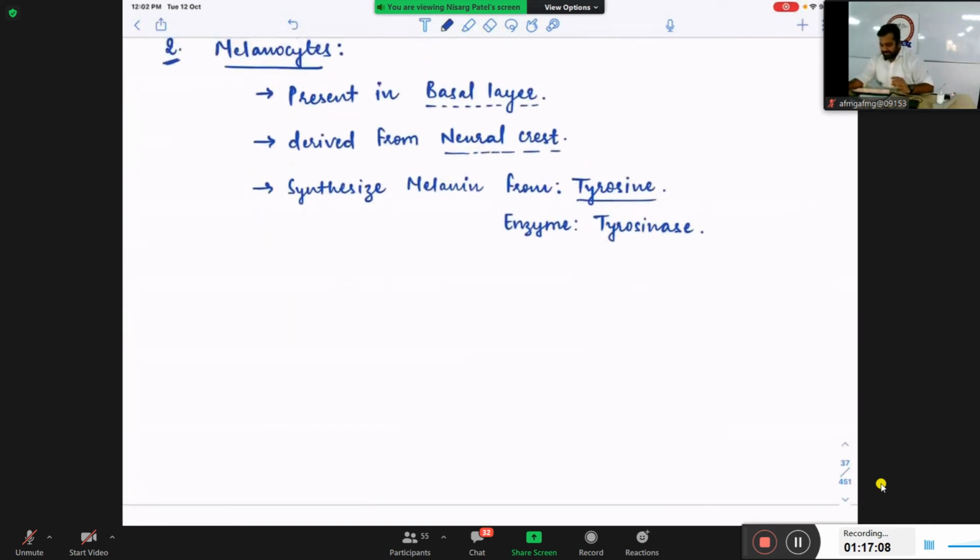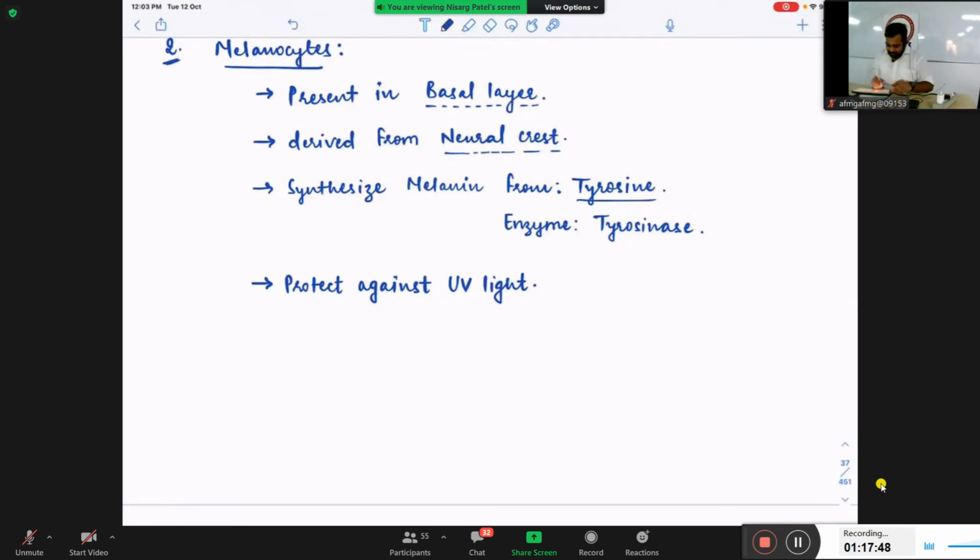So they synthesize melanin from the tyrosine amino acid with the help of the tyrosinase enzyme. What is the use of this melanin? It is pigmenting our skin. Along with that, it is providing protection against UV light. Because of this, in India, we do not commonly have skin cancer.